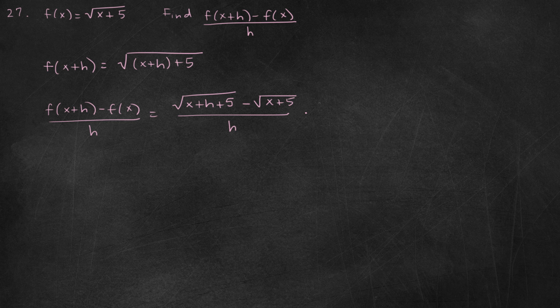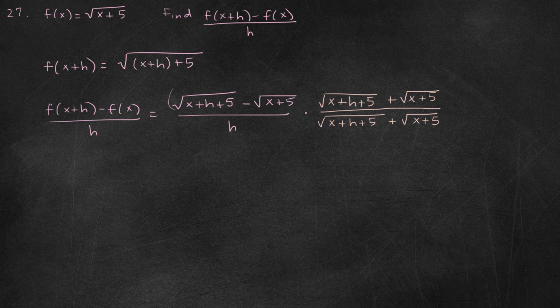So the conjugate will be square root of x plus h plus 5 plus the square root of x plus 5. I'm just using the opposite sign in between those two terms. We're multiplying top and bottom because this is really just a fancy form of the number 1. And multiplying by 1 doesn't change the value of the fraction.